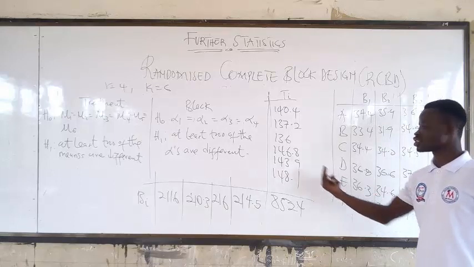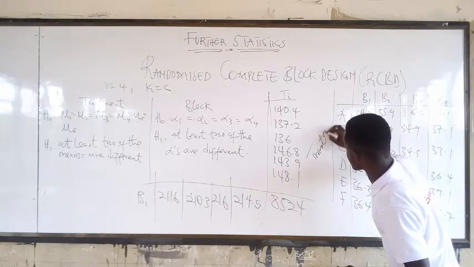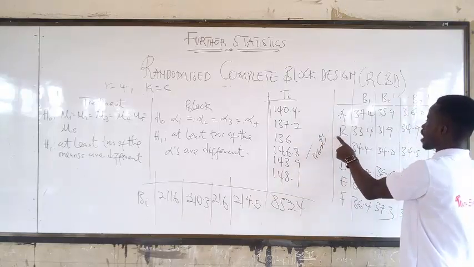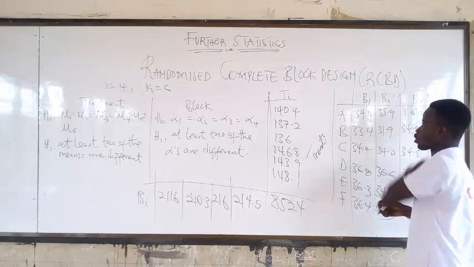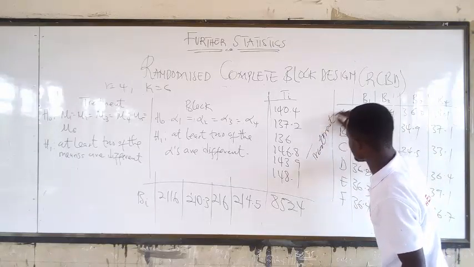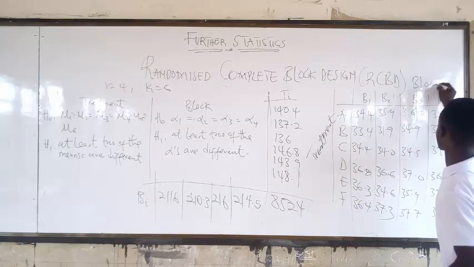Your treatment is going to be the what? The row. So these are the treatment you are going to compare to what? The block. So this is going to be the treatment. Don't forget it, nobody will tell you. And this is going to be the block.